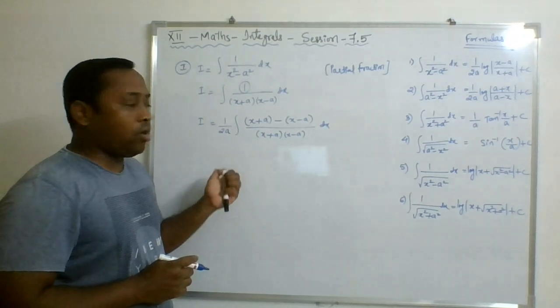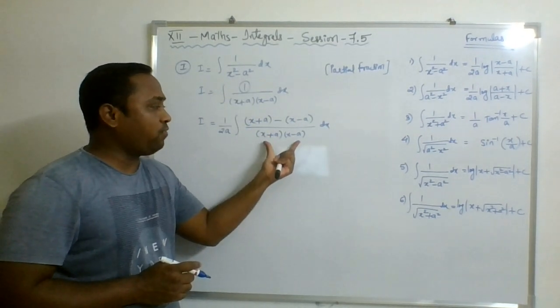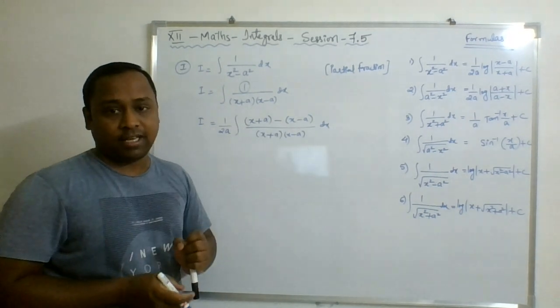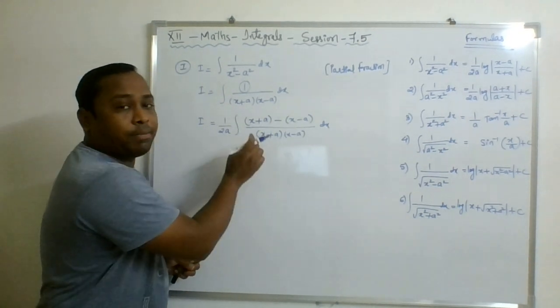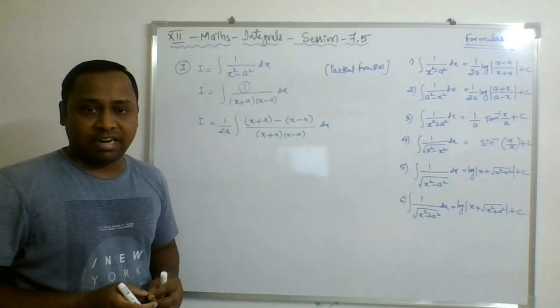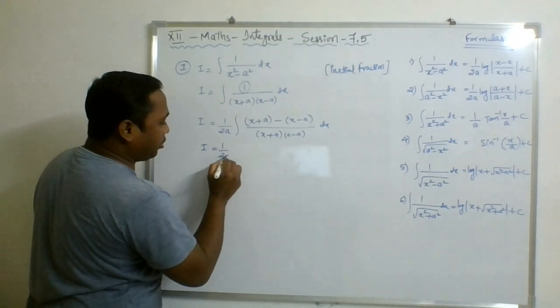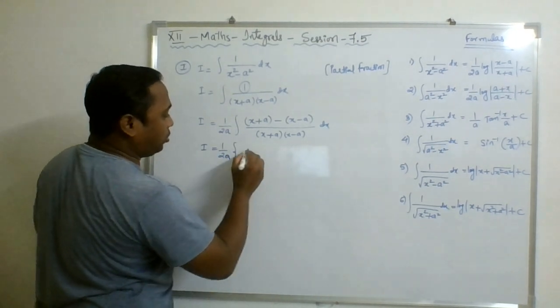So basically what I have done is, I expressed the numerator as a difference of these factors, and for the constant that is left, to balance it, I divided by the same constant. Thereafter, I am going to separate these fractions into simplest fractions.